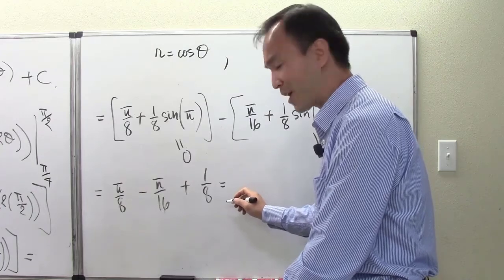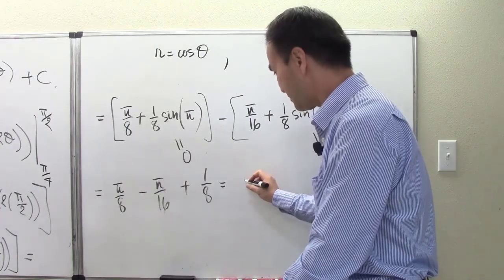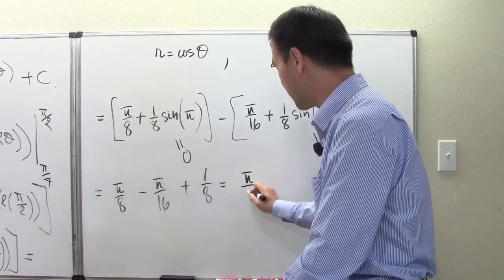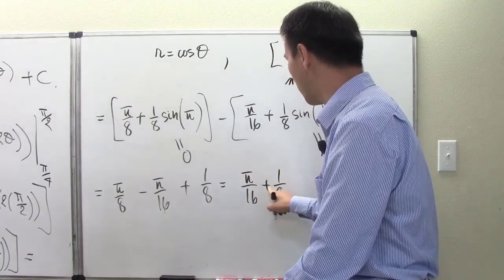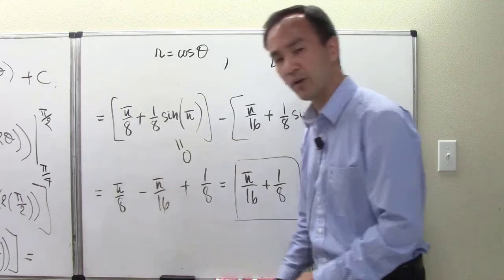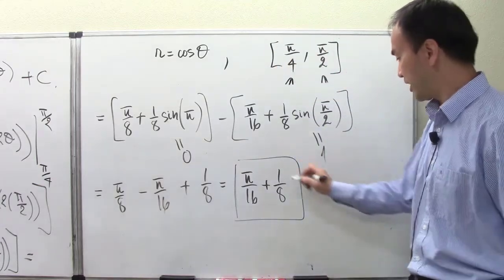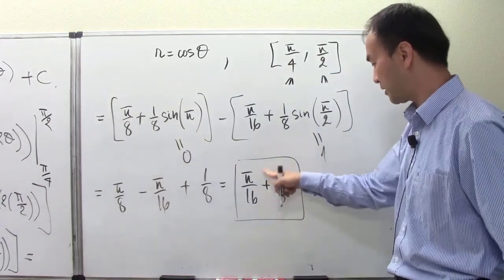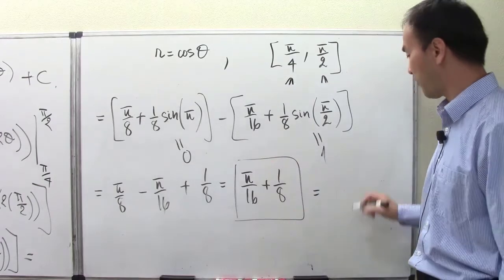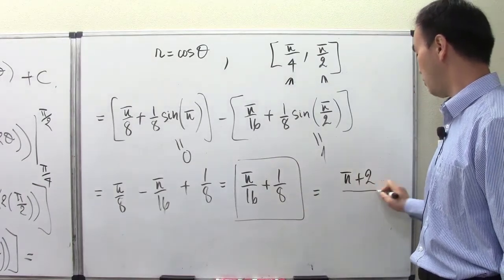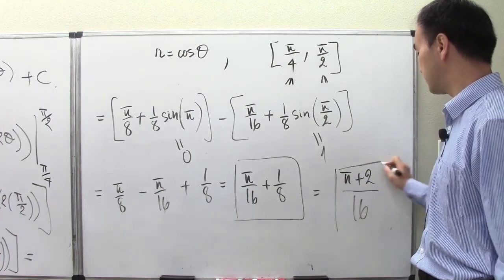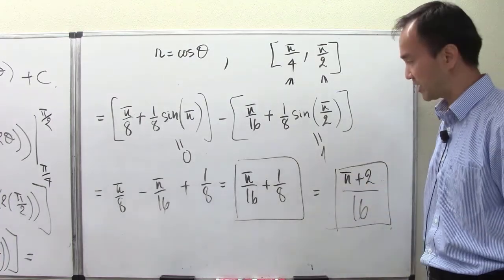That is going to be positive pi over 16 plus 1/8. That's one way you can express your final answer. We can also make a common denominator and put this into one fraction: pi plus 2 over 16. So those are two different forms of our final answer.